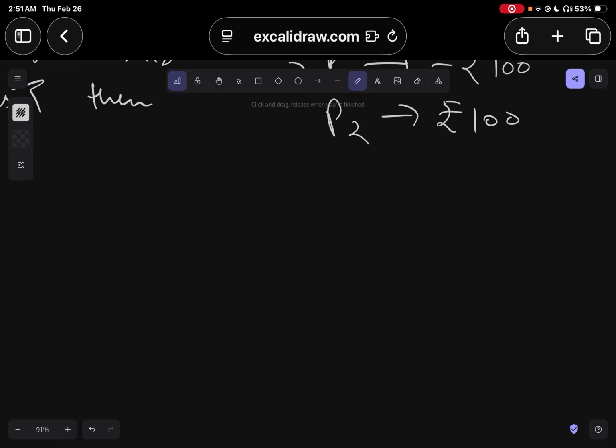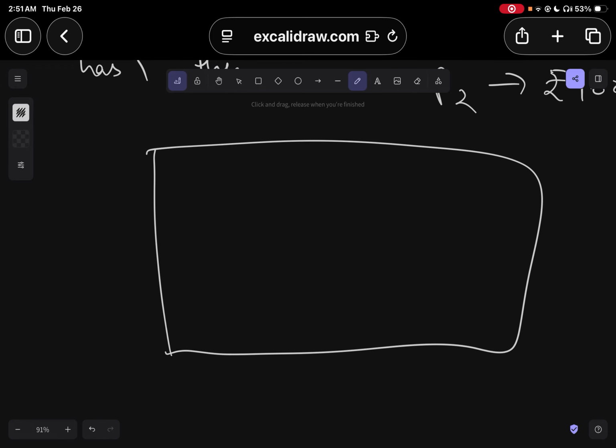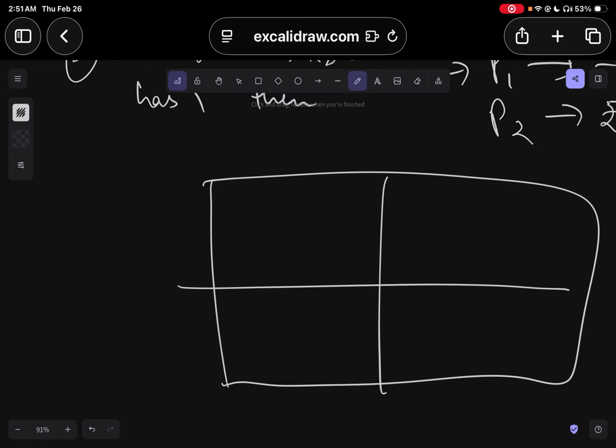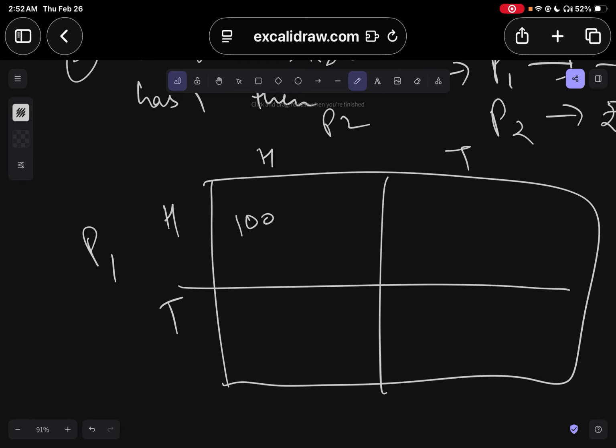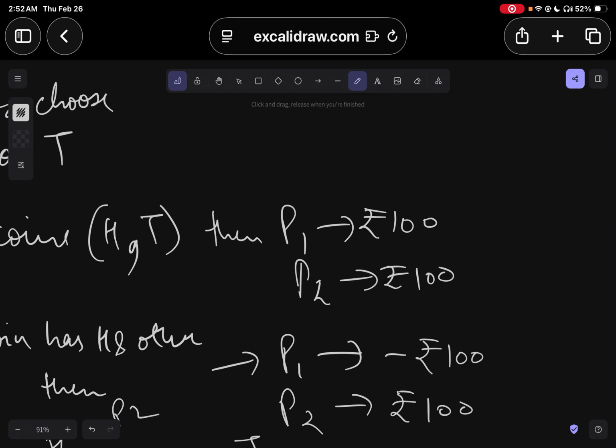So let's draw the payoff matrix. P1, P2, heads, tails. I think I didn't clear up the payoff matrix properly. In scenario 1, if both are heads or both are tails, then player 2 has to give rupees 100 and player 1 will get rupees 100.